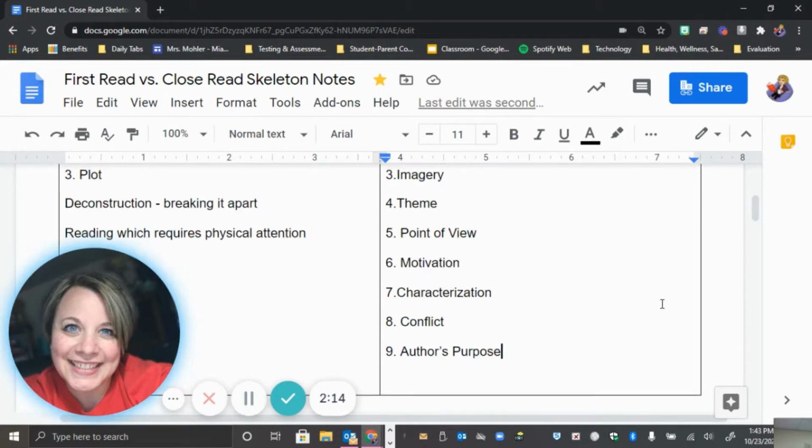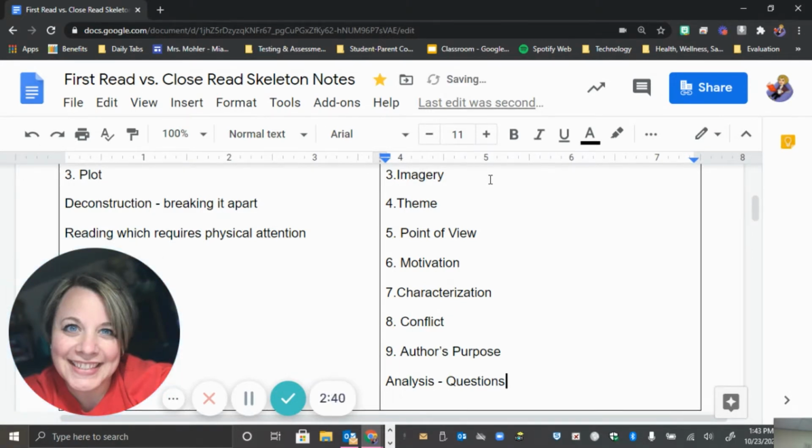So where first read talked about deconstruction, in a close read we talk about analysis. And we start asking questions. We take these broken pieces and then we start asking questions.